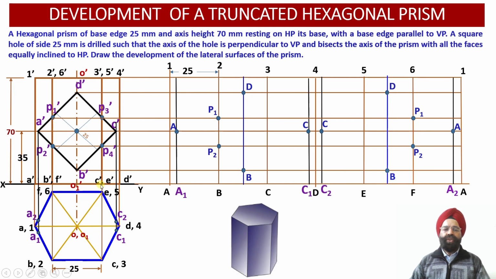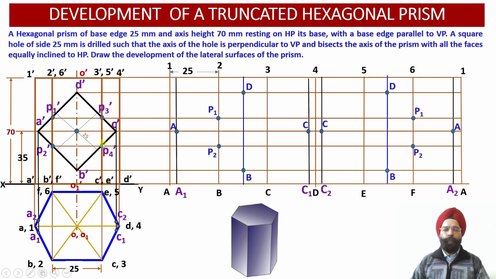So these 2 points of intersection have been obtained. We can check that P3 dash and P4 dash lie onto the vertical projectors 3 dash C dash and 5 dash E dash.